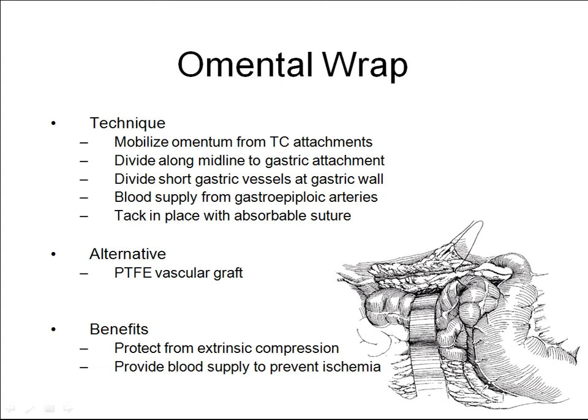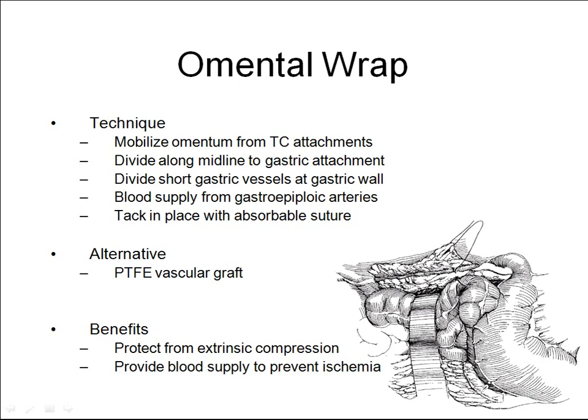So in order to perform the omental wrap, the omentum is mobilized from the transverse colonic attachments, divided along its midline up to the gastric attachment, resulting in two pedicles, which are based on the short gastric vessels at the gastric wall. Division of the short gastric vessels and the blood supply coming from the gastroepiploic arteries on both sides. The omentum is then tacked in place with absorbable sutures.